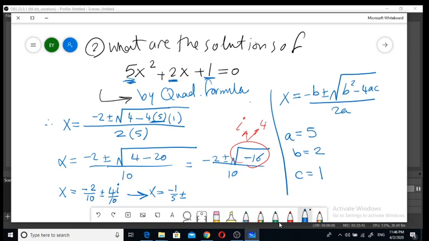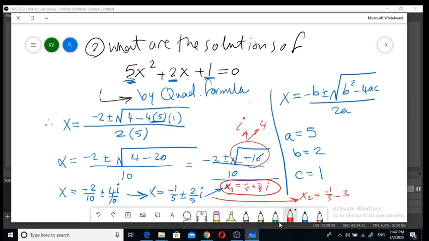It will be 2 over 5 times I. So x1 is equal to negative 1 over 5 plus 2 over 5i, and x2 is equal to negative 1 over 5 minus 2 over 5i. And this is the final answer.